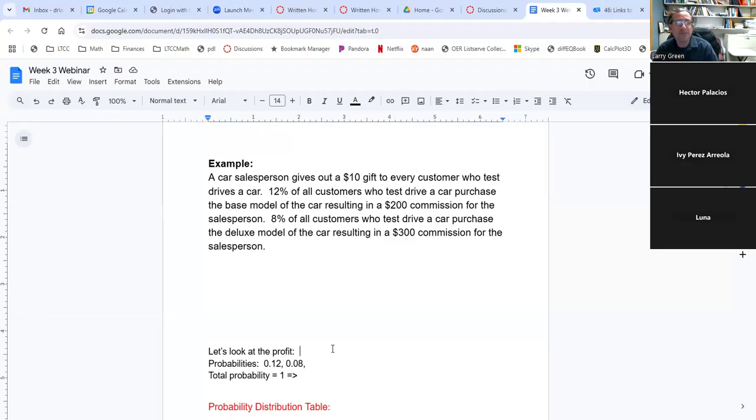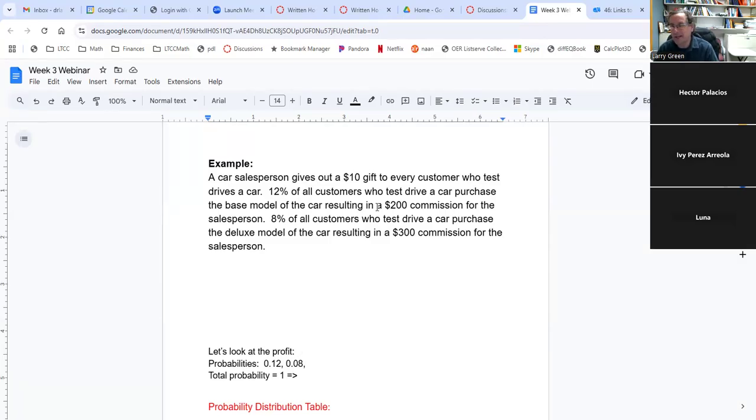What's the profit if they buy the base model? What profit is this salesperson making if the customer buys the base model? Okay, it's not $200. That's why I asked, because I want to make sure. It's good that you got it wrong so I can emphasize what the problem is.